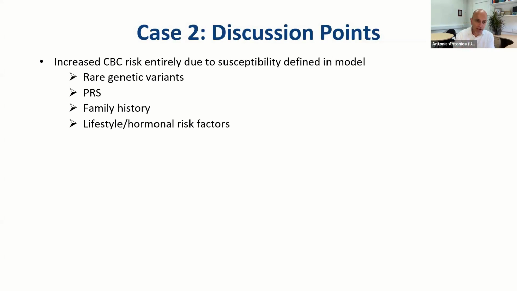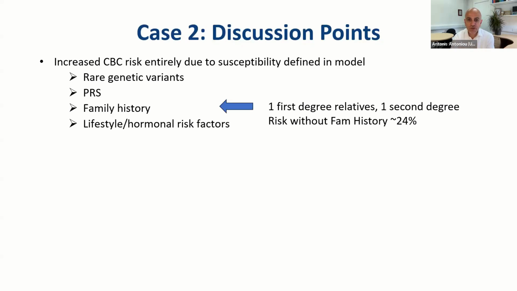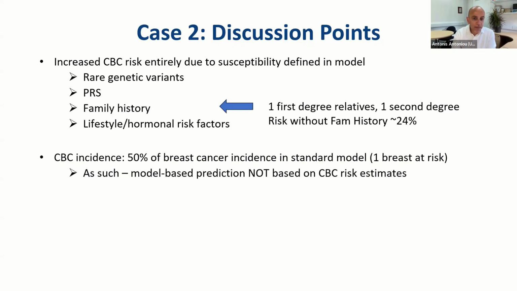So we are talking about the rare genetic variants, polygenic scores if available, family history, or the lifestyle and hormonal risk factors. In this case, the fact that the mother is affected and the aunt is affected increases the risk. For example, if you were to do the same calculation for a BARD1 carrier without family history, the risk would be around 24%, so lower. The fact that it's higher in this case is because of the family history.